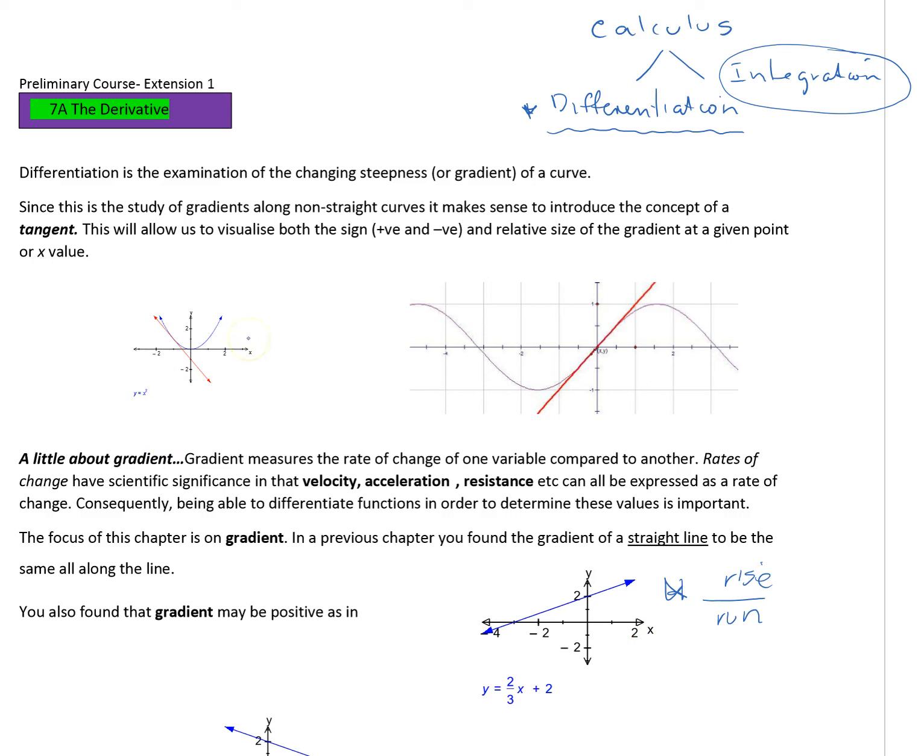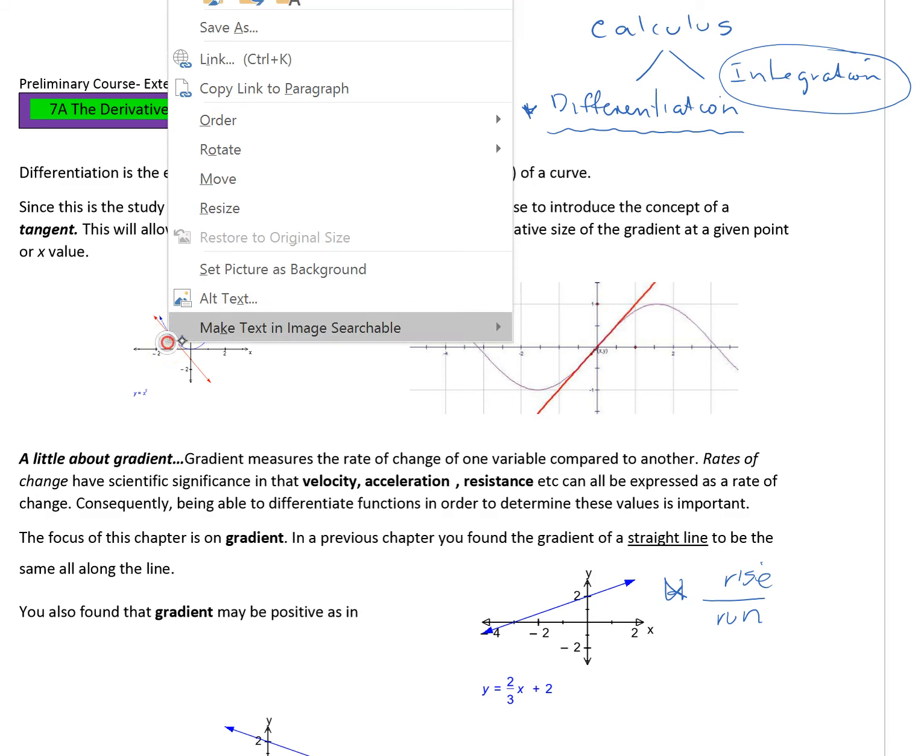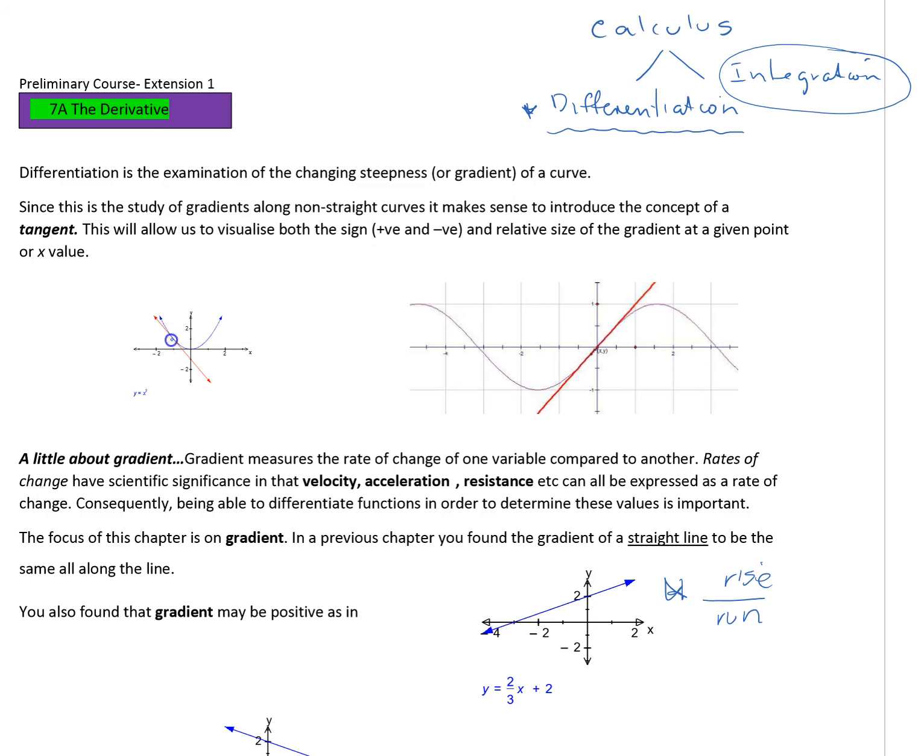Although we're going to see that the gradient obviously changes. If I'm at this point here on the parabola, the gradient is very different to if I'm over here at this point, because if I was to draw a little tangent here, you can see it has a positive slope, and over here the tangent has a negative slope. We say the gradient has a negative slope here and a positive slope there.